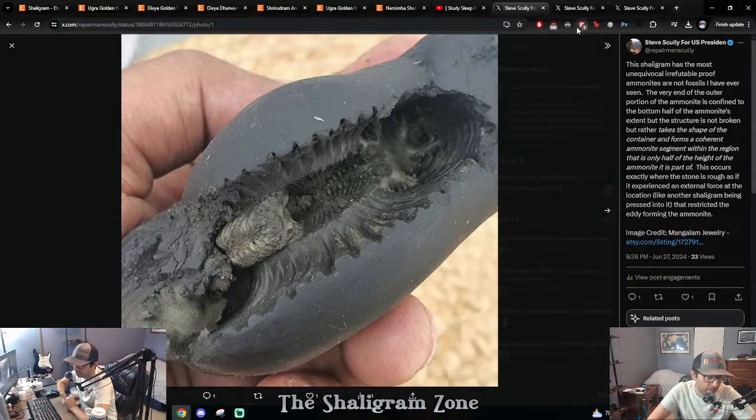This one is a good example of one that cannot be a fossil because ammonites usually, as they spiral out from a center, start narrow and get wider and wider and wider.